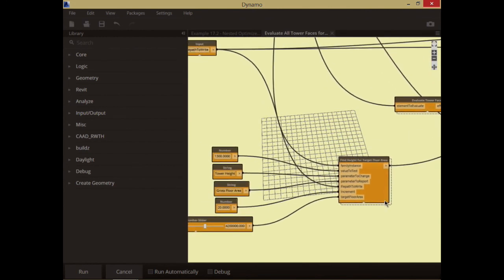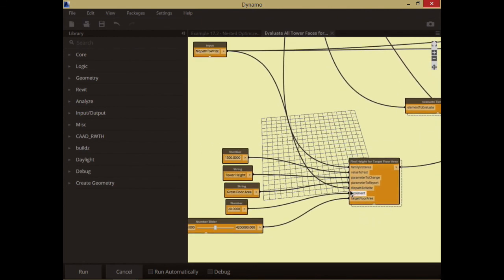And what this is going to do is for that same tower, for every different iteration it goes through, let's say, given the tower height and starting at 1300, incrementing by 20, trying to target 4 million, figure out what the height needs to be for that different flatness value before you report.